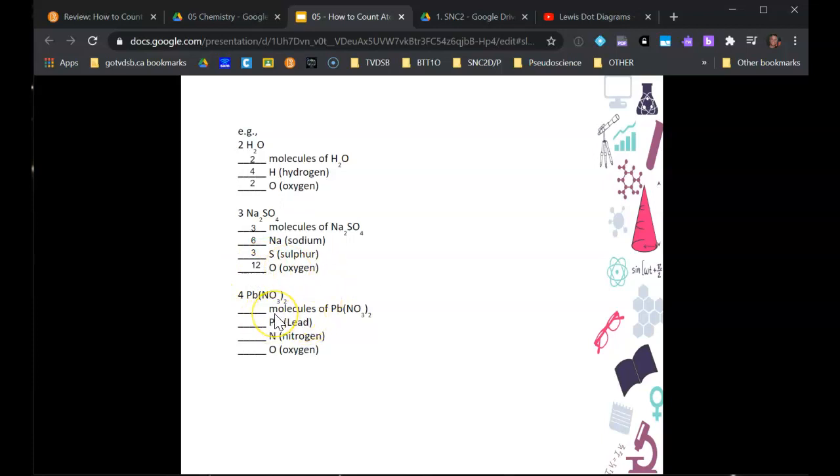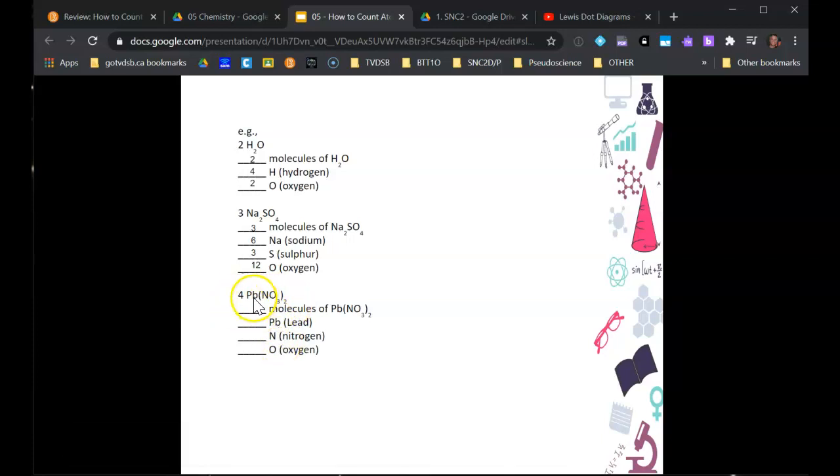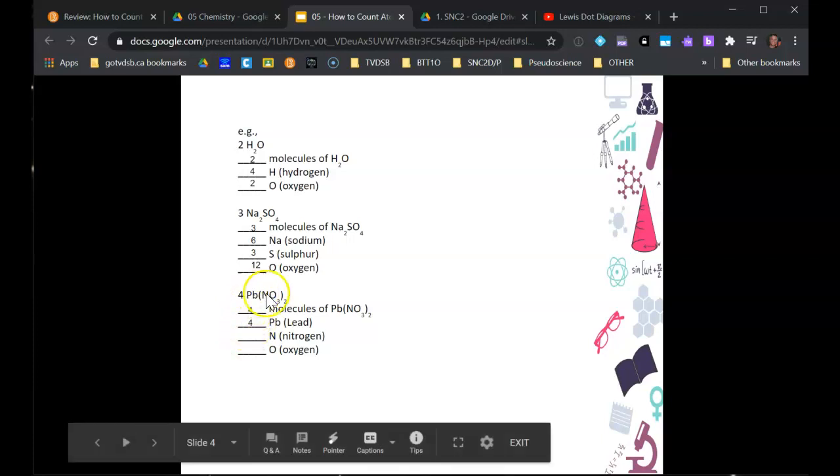So our last example, I have 4 Pb(NO3)2. So that means I have 4 molecules of, and this is lead nitrate, all right? Now, this is probably the most complicated atom or molecule you're going to run into. In this example, we have 4 of these, so that means I've got 4 molecules of lead nitrate. I only have 1 lead atom in each molecule, but there are 4 molecules, so I have 4 times 1, that's 4 lead.